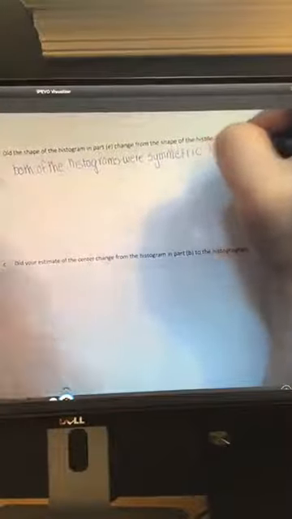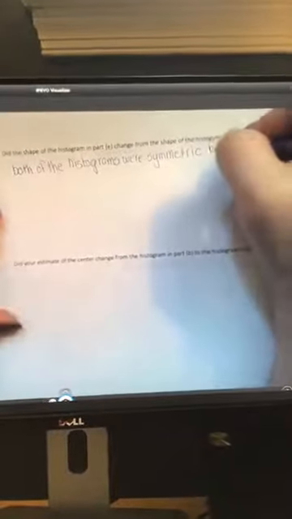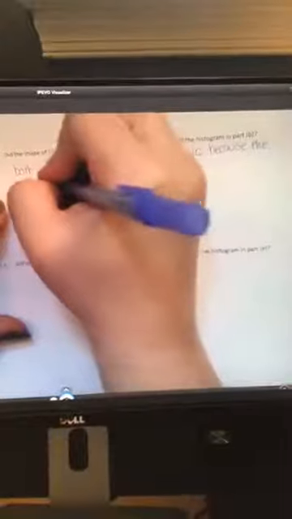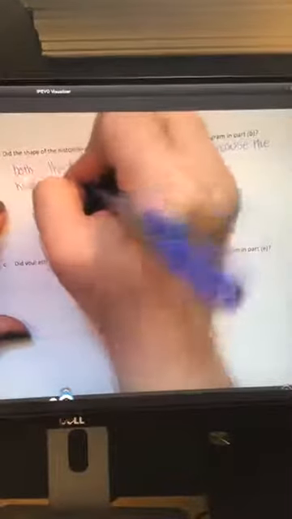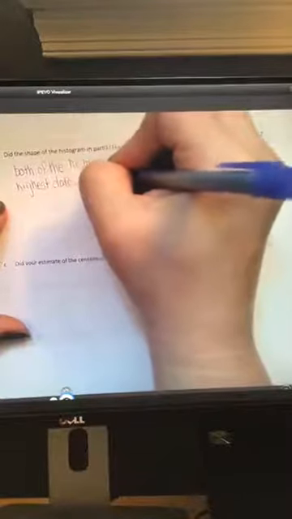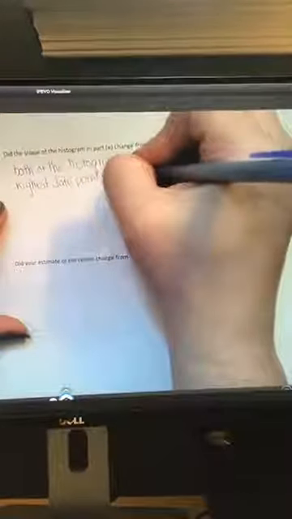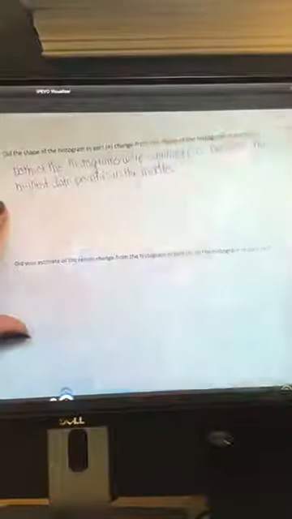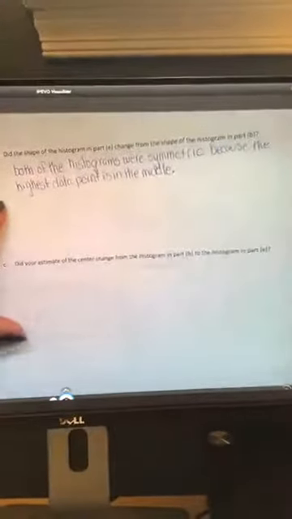They're both symmetric because the highest data point is in the middle.